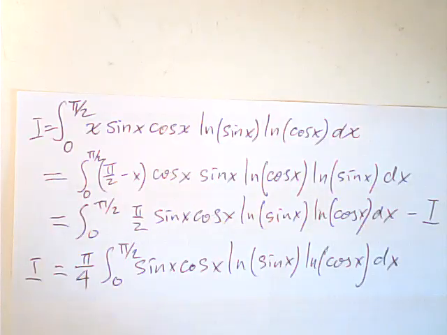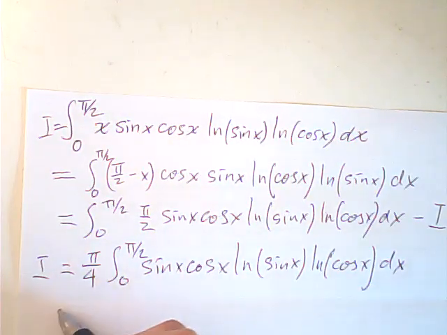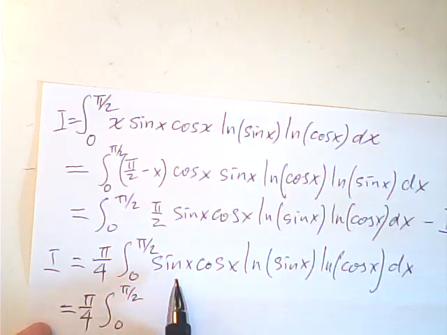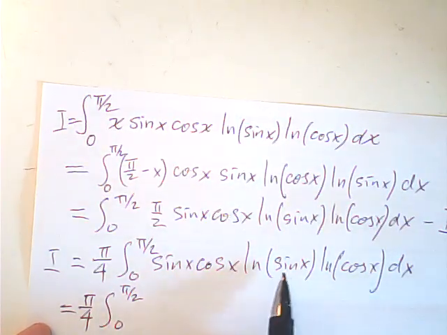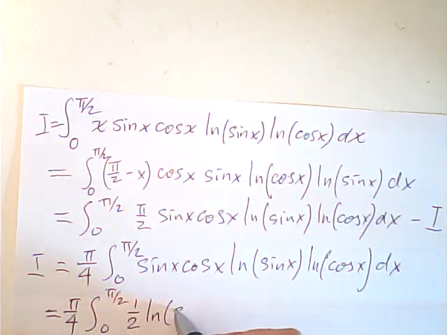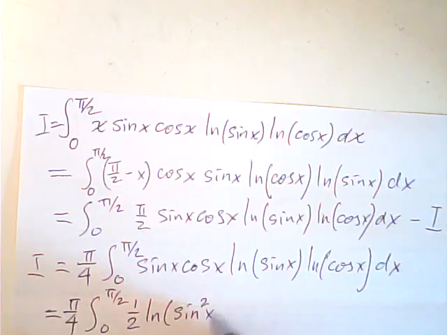Now, next step is that this is 1/4 pi from 0 to half pi. I write this one first. This log sine x, I could write this as a half log sine square x, right?